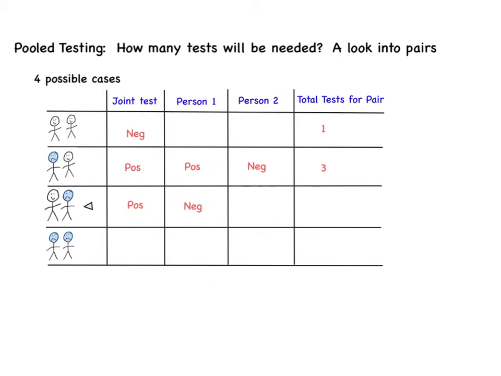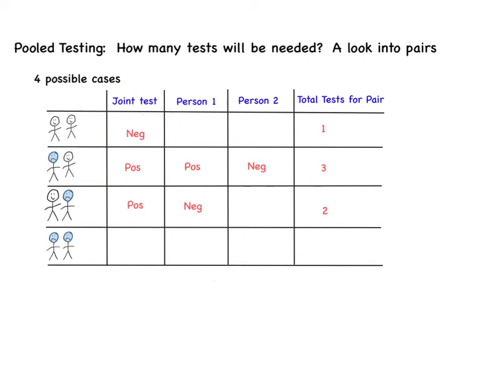What do you think we have to do next? It turns out that we don't have to run another test. The joint sample had been positive, but when we tested person 1, that came out negative. That means that the virus had to be coming from person 2. And we know that from just running 2 tests.